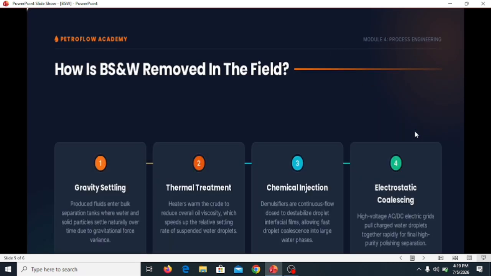So how is BS and W removed in the field? Number one, we can see how water is removed. You can see here the gravity settling. I did a video about the separator. If you have not watched the video, please go and watch it for you to understand this gravity settling. And of course, we know that the water will settle at the bottom while the oil will be at the top. Thermal treatment.